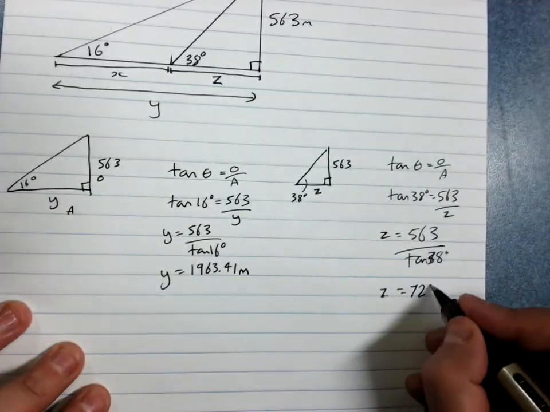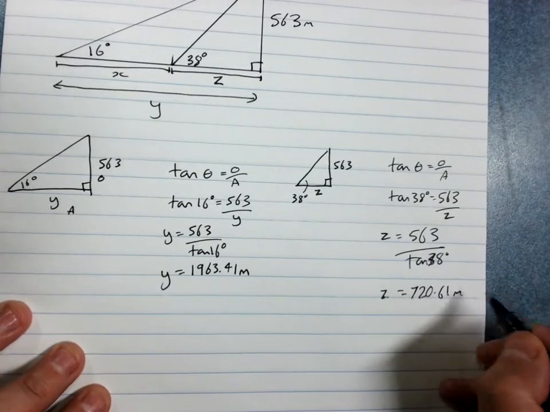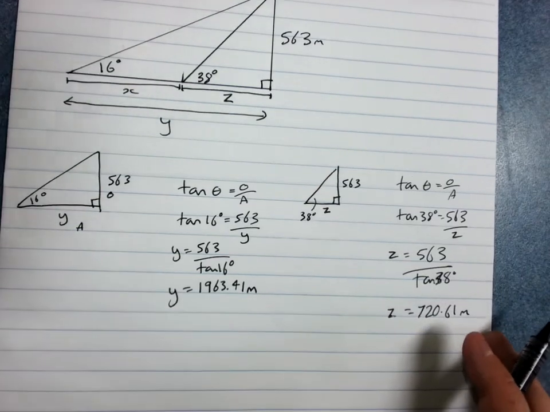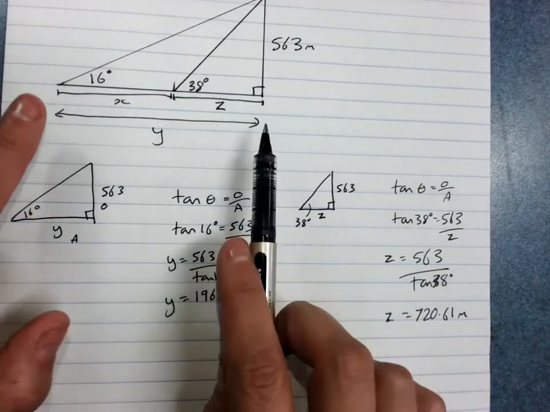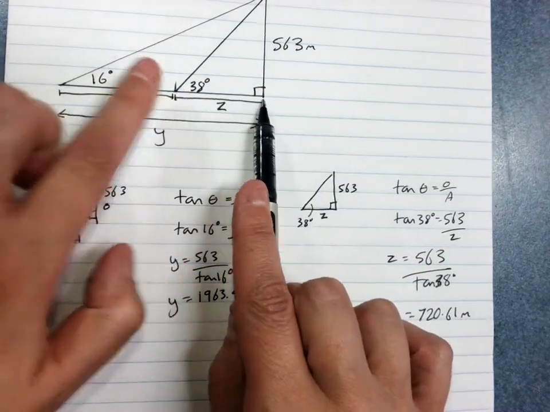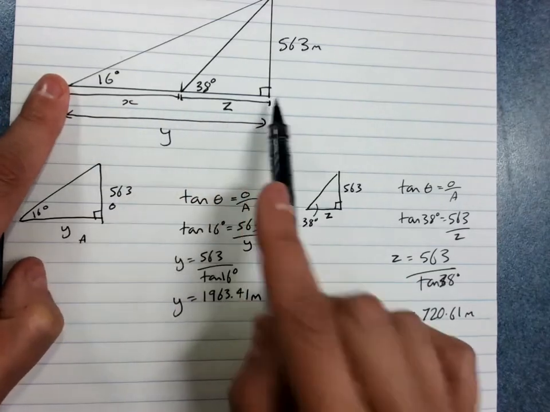720.61 meters. So, you have found y, you have found z. X is y, take away z.